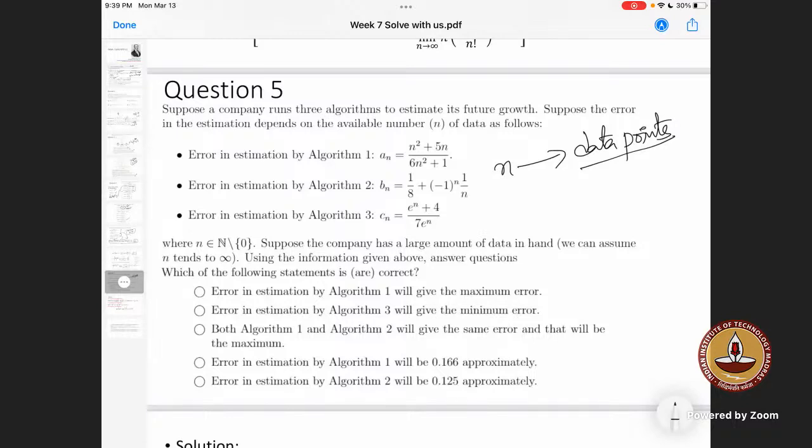The question says the company has large amounts of data in hand. Large amount of data means use this fact: n tends to infinity. So the question is very simple. You have to find the 3 limits of AN, BN, CN as n tends to infinity.